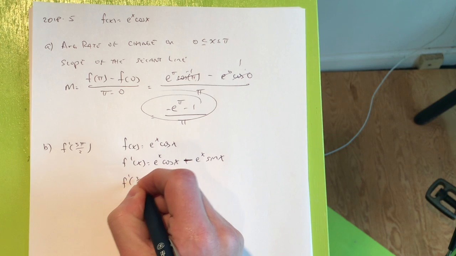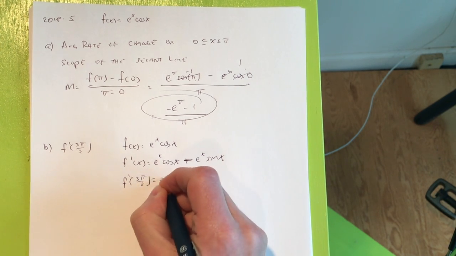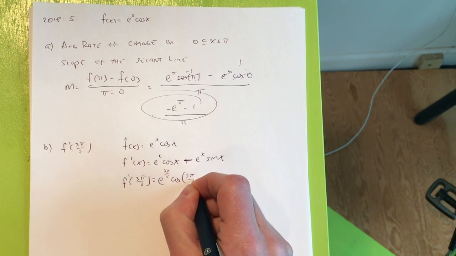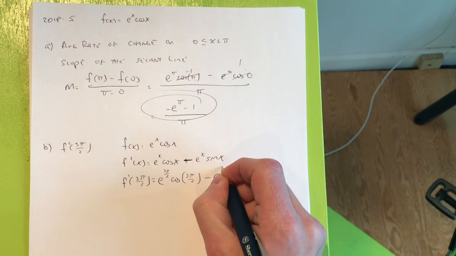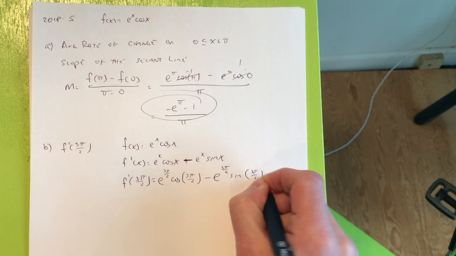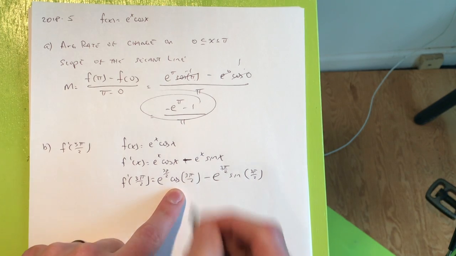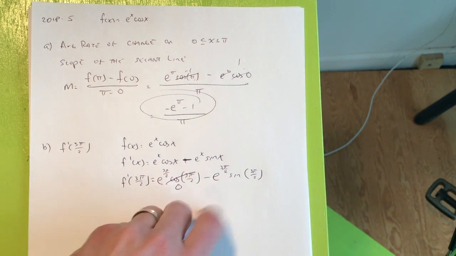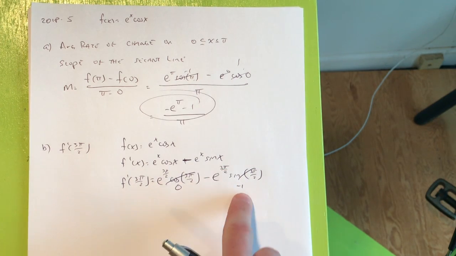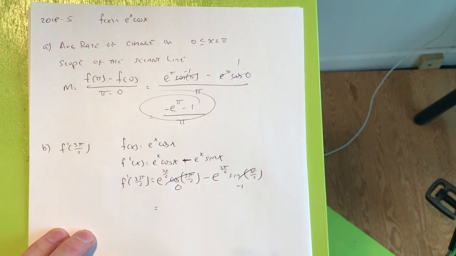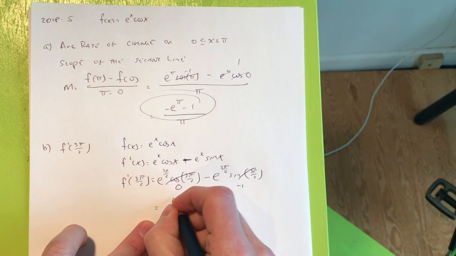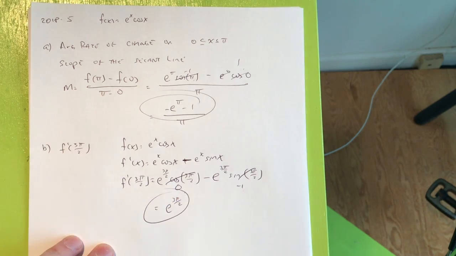Evaluating f prime of 3 pi over 2, we have e to the 3 pi over 2 cosine 3 pi over 2 minus e to the 3 pi over 2 sine 3 pi over 2. Cosine 3 pi over 2 is 0, the whole thing is 0. Sine of 3 pi over 2 is -1, so we have negative e to the 3 pi over 2 times -1. Slope of the tangent line is therefore positive e to the 3 pi over 2.